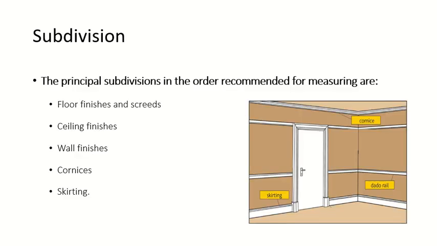So you can subdivide your items into these things: floor finishes and screeds, ceiling finishes, wall finishes, and then we have cornices and skirting. So you can see the skirting, I already mentioned it, the bottom part of the wall. If you are doing any extra finishing at the bottom part of the wall, that is called skirting. If you are doing any extra finishing at the top part of the wall, that is called a cornice.